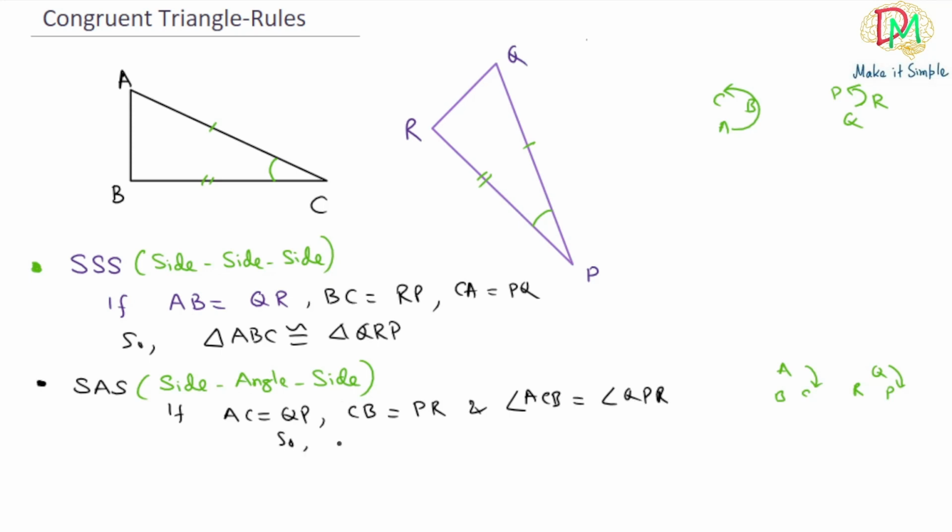So we can write angle ACB is congruent to angle QPR. Clear?